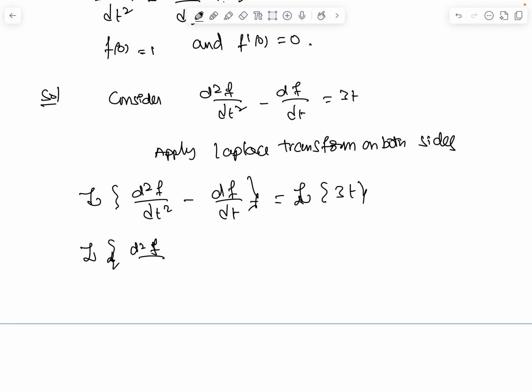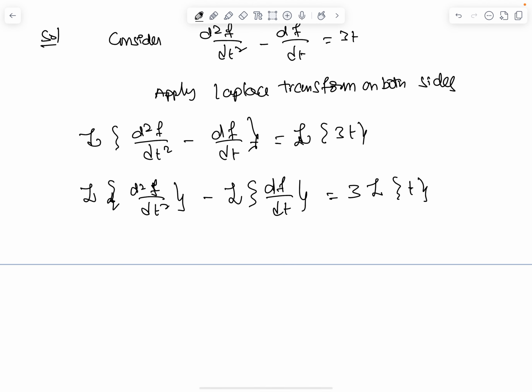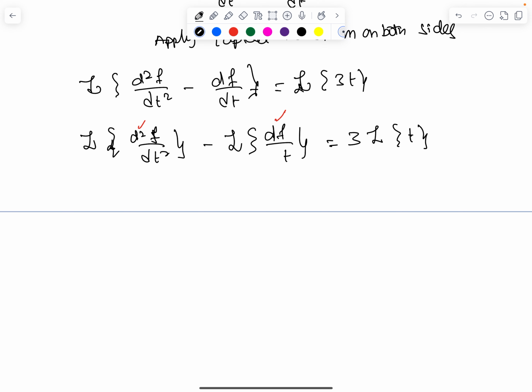You take the operator over the first term, minus the Laplace transform of df by dt, which is equal to 3 times the Laplace transform of t. We have seen that the Laplace transform of this particular term is s square into capital F of s, since the function is given in f, the output is also in capital F.